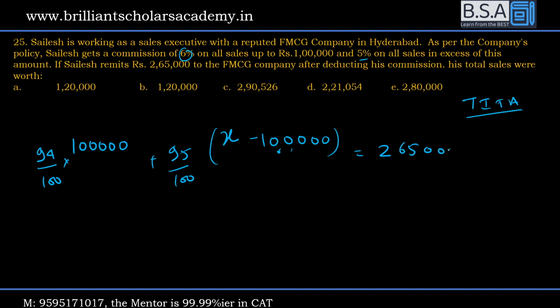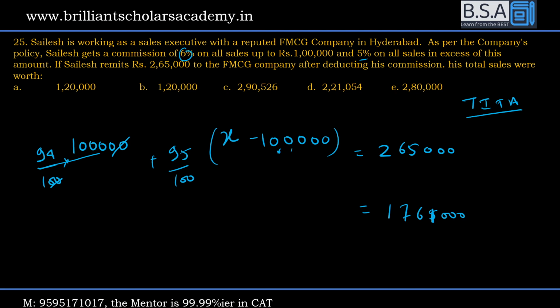2,65,000. You need to be careful with calculations. These two zeros I cancel. This becomes 94,000. I will have to subtract 94,000. That makes it 1,765,000. 94 and 4 will be subtracted. So this will become. Is this correct?